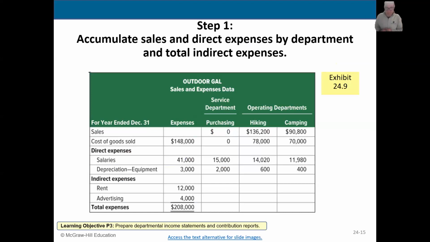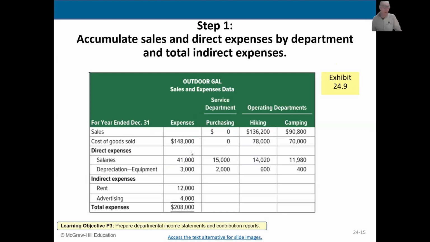So the operating departments and the sales minus cost of goods sold for each department. We have the salaries for each department based off the hourly wages. And we have depreciation for equipment used in each department. Those are our direct expenses. We see those listed out for the operating side. We also listed out the indirect expenses for the whole company, rent and advertising in this example. Total expenses $208,000.